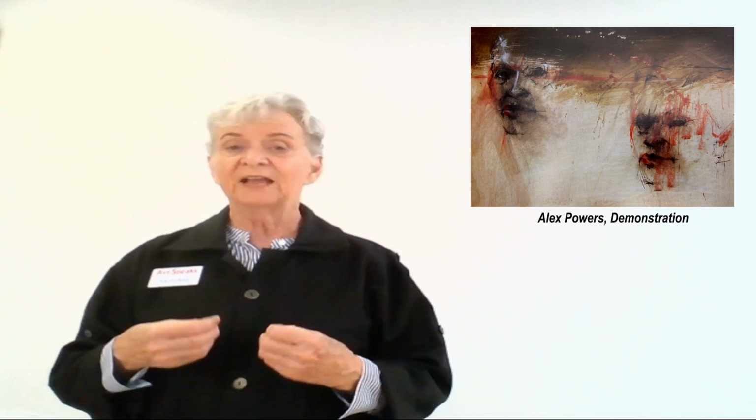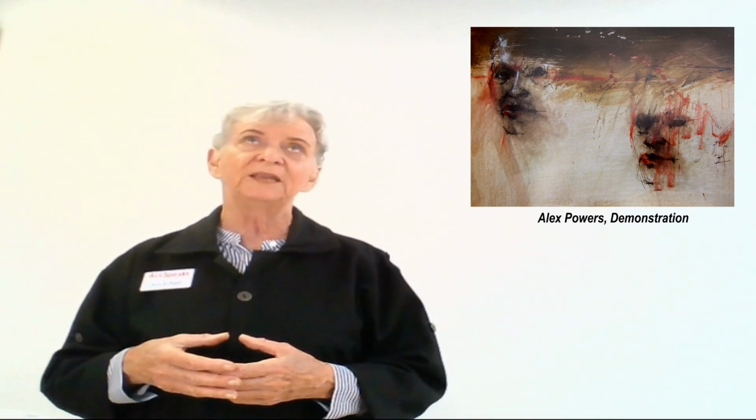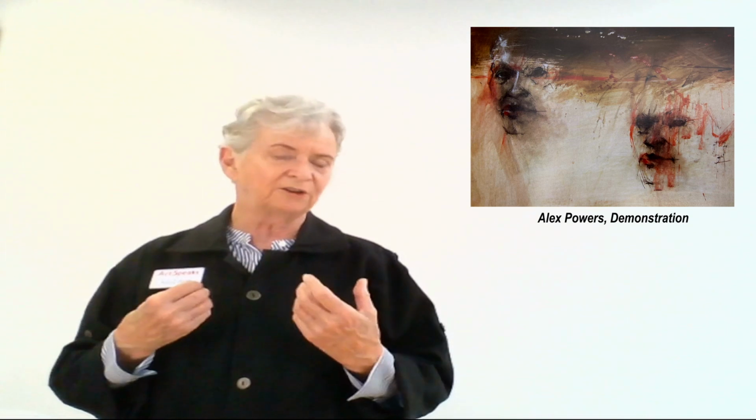So he's going for texture, and he's going for line and muted color. And the paintings tend to be more emotional. They don't document the look of the person so much as record his feeling at the time that he was creating the painting.